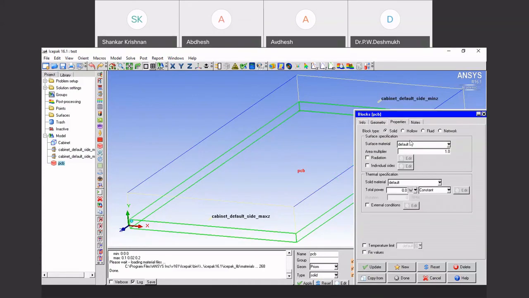And there are properties like hollow, solid, and all. I'm going to treat this board as solid, and I have to specify the material. There is something called FR4. FR4 is the typical PCB board material, so I'm going to apply that as the material.